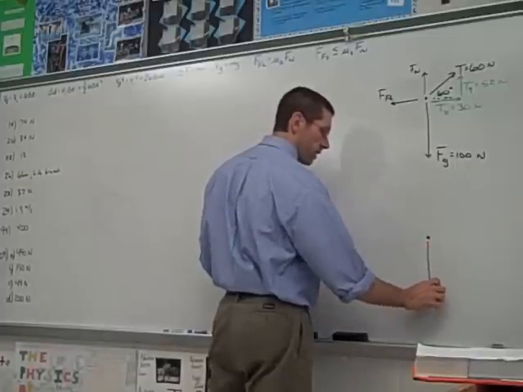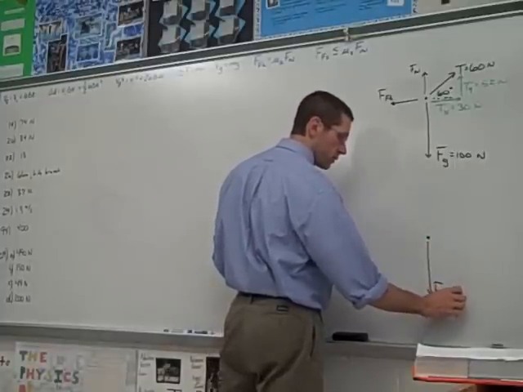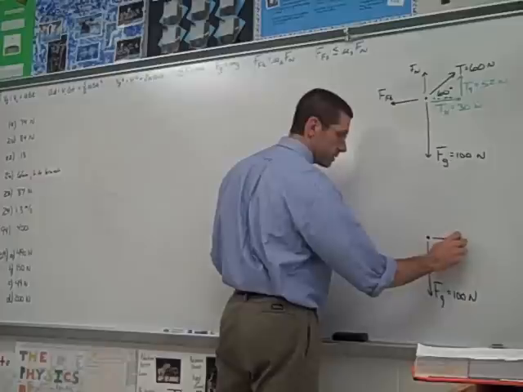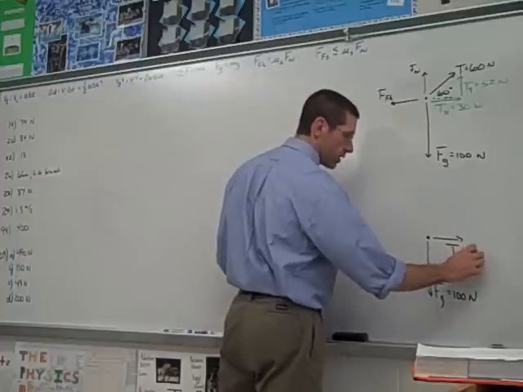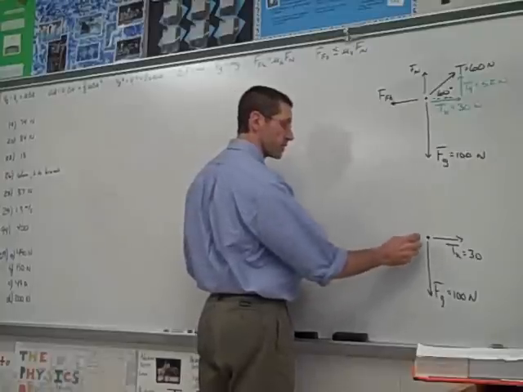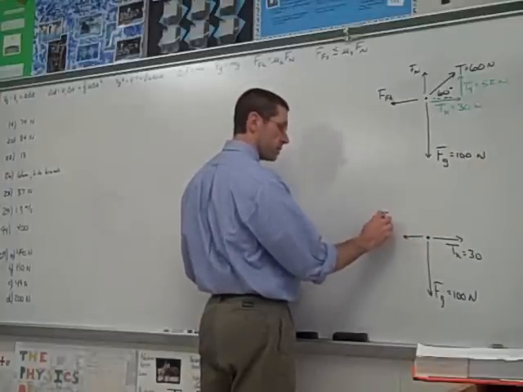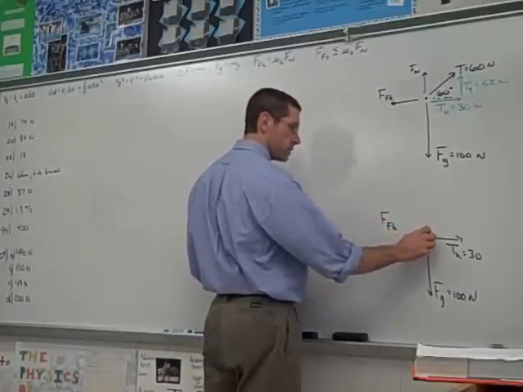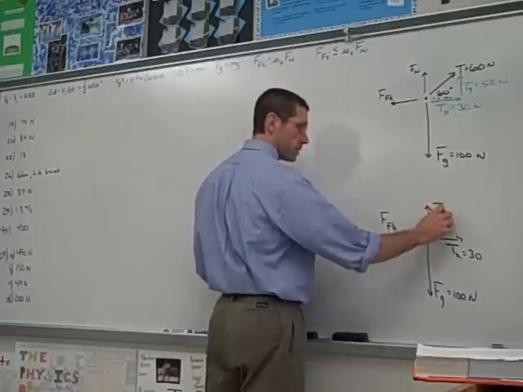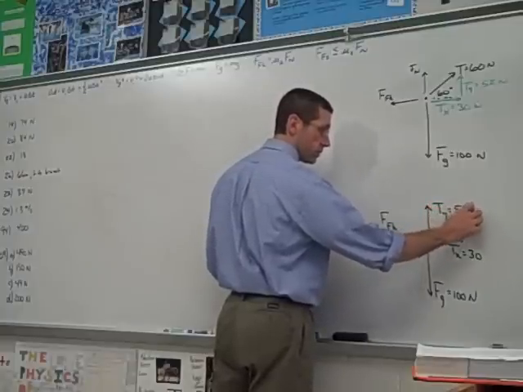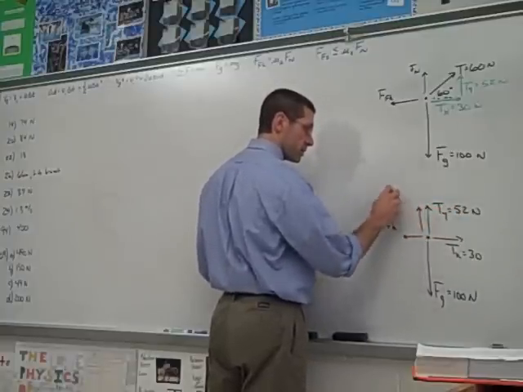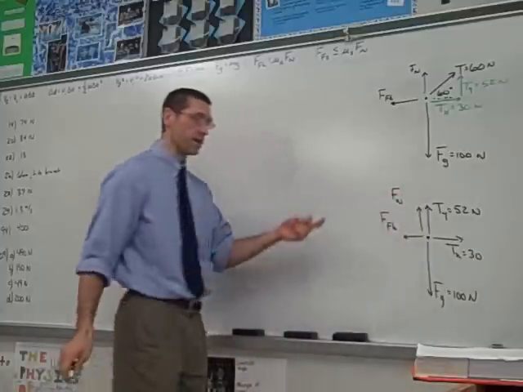We would have Fg equal to 100 newtons. Tx to the right is 30. Friction to the left is unknown. Ty is 52. And then our normal force has to make up the difference.